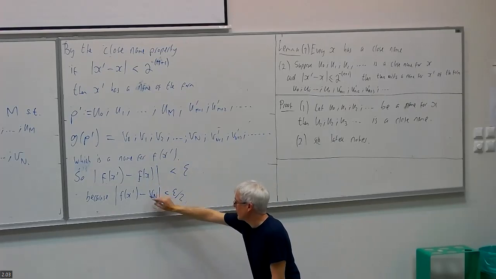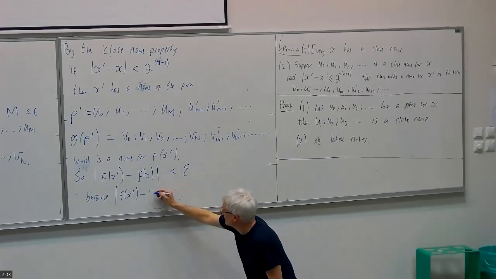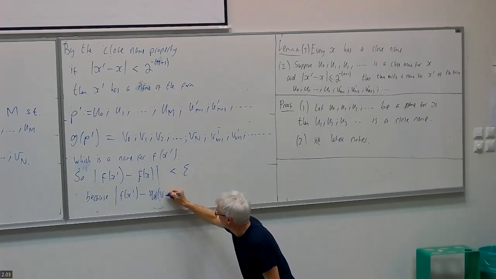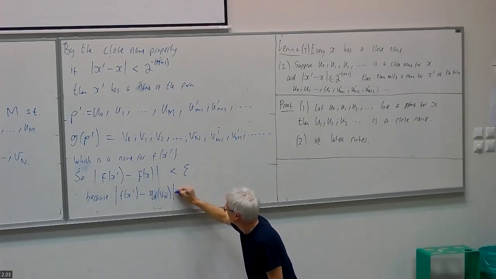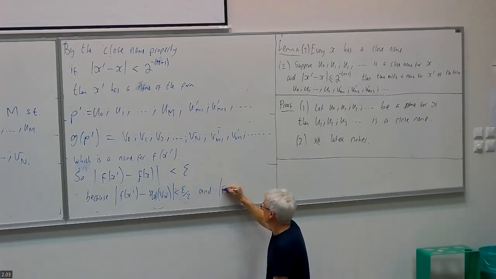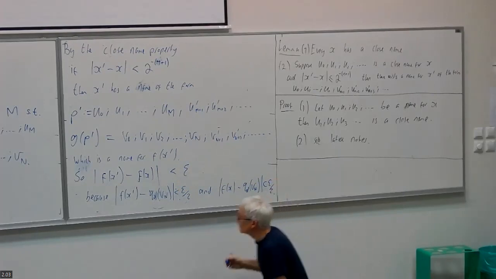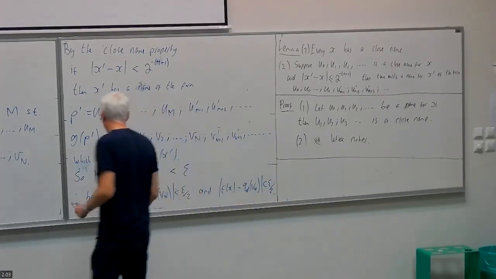So this should be the rational number, should really be Q, d of the n. And f of x minus d of the n is less than epsilon over 2. Right, good, thank you.